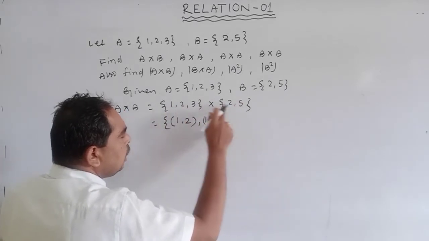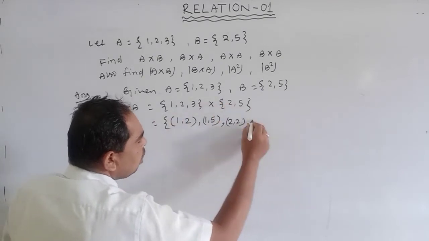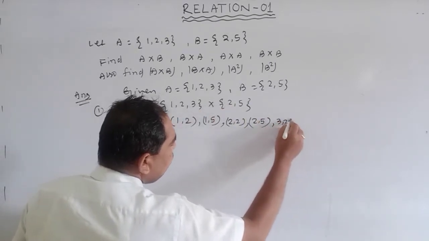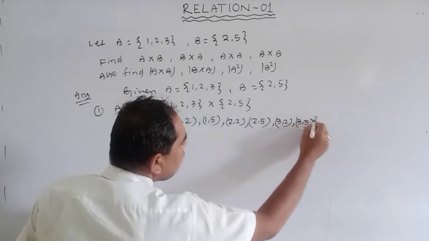Next, 2 into 2 means (2, 2). 2 into 5, (2, 5). 3 into 2, (3, 2). 3 into 5, (3, 5).